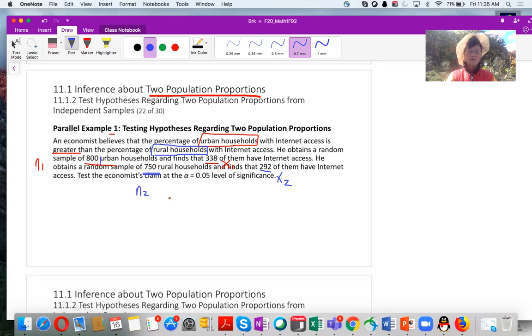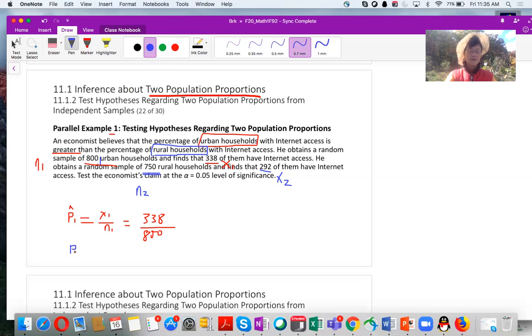Once you have those two samples, you can calculate the sample proportion p1 hat. By definition, it is x1 over n1, 338 over 800.